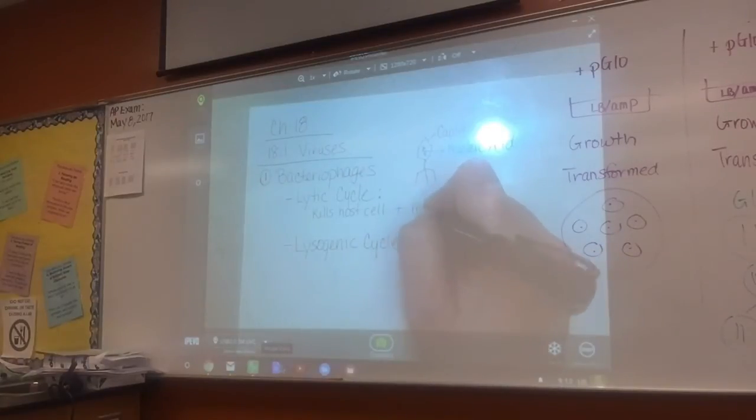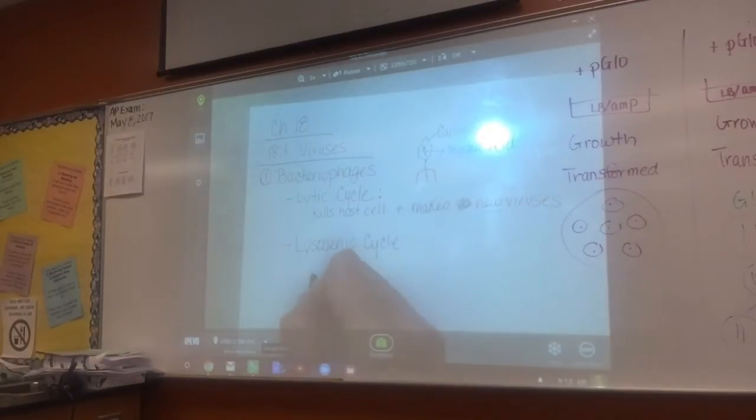Alright, so this one keeps the host cell alive. It has kind of a little different tactic. What does it do? It inserts its DNA into the bacteria's DNA, into bacterial DNA. That's called a prophage.